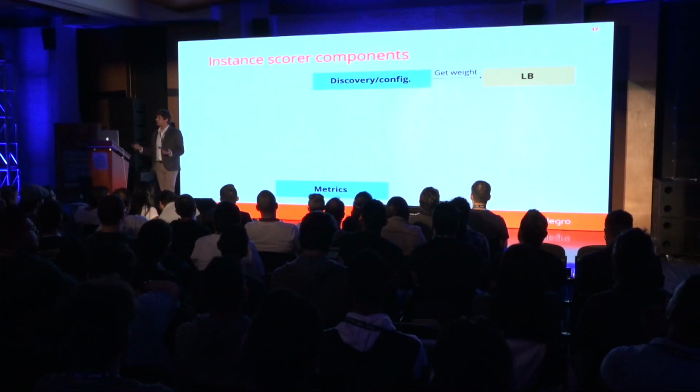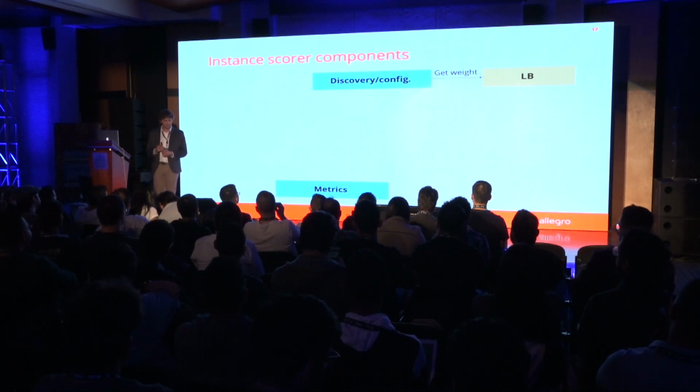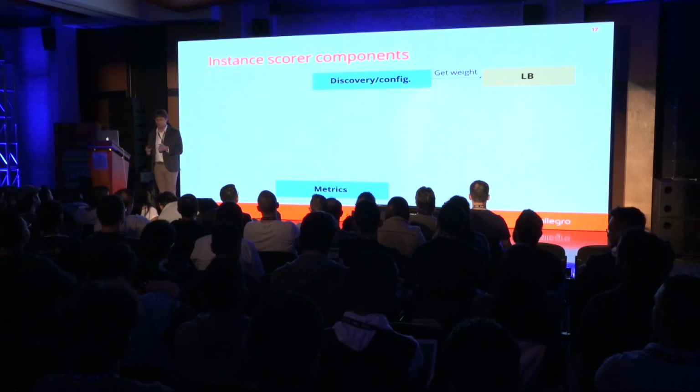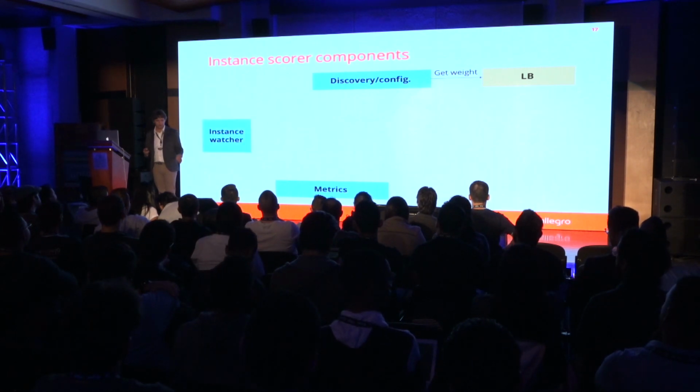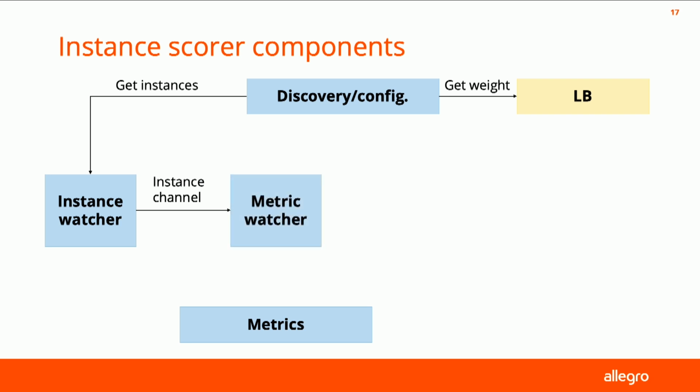So in order to deal with those hard problems we found, we decided to separate instance score into components. The first component is the instance watcher. It runs asynchronously, and periodically it gets instances from the discovery service, formats them accordingly, and puts them into a channel.